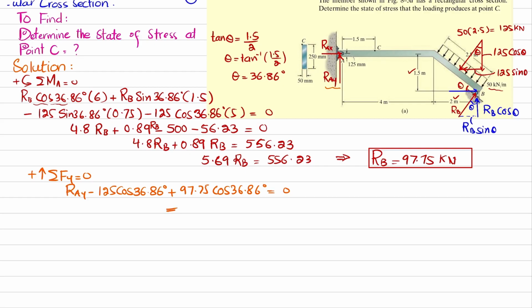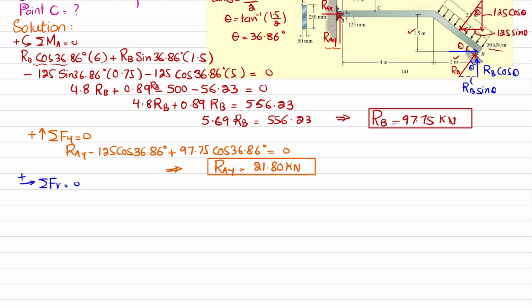So when you solve this, you will get RAY will be equal to 21.80 kilonewton. Now the last unknown reaction force is RAX. We will find that by using the third equation of equilibrium, that sum of all forces along x direction must be equal to 0, and force toward right side is taken as positive. So you can see RAX is acting positive, minus 125 sine of theta plus RB sine of theta will be equal to 0.